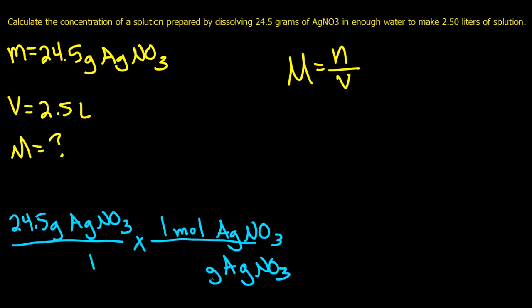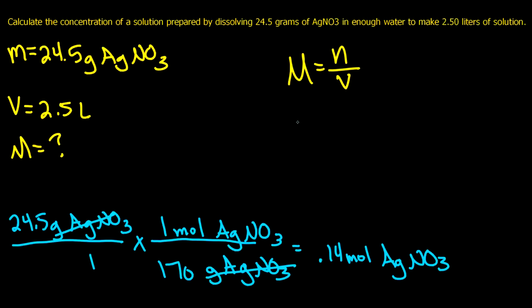So silver is 108, nitrogen is 14, oxygen is 16, and there are 3 of them. So I add that up and I get 170 grams of silver nitrate. Grams cancel. So 24.5 divided by 170, I get 0.14. So I got 0.14 moles silver nitrate.